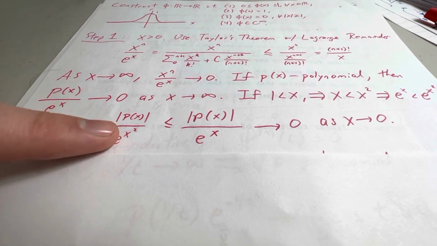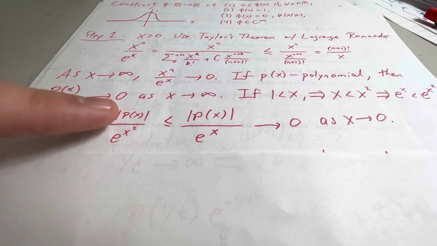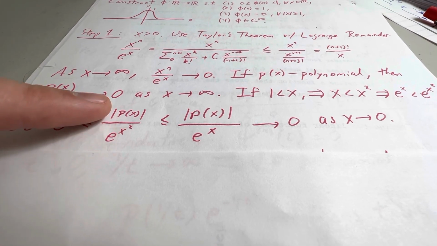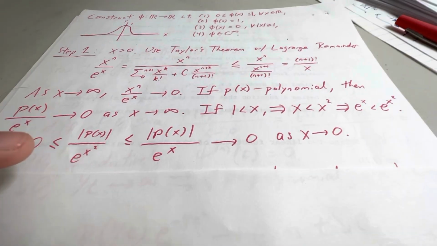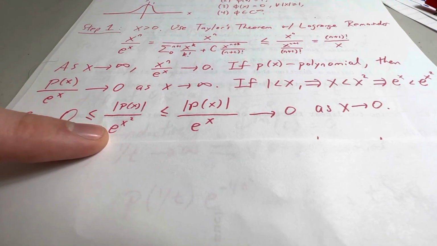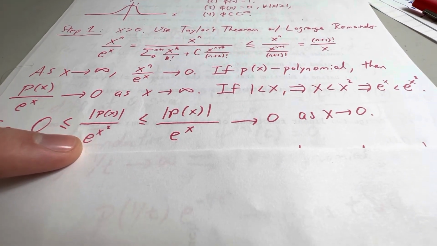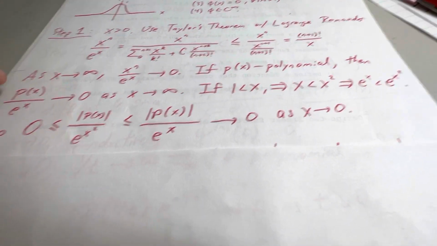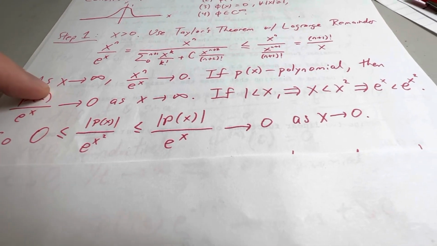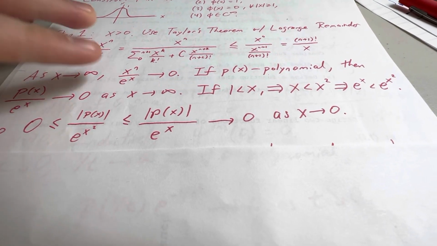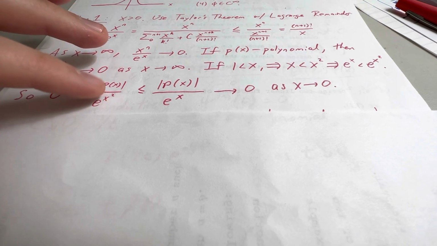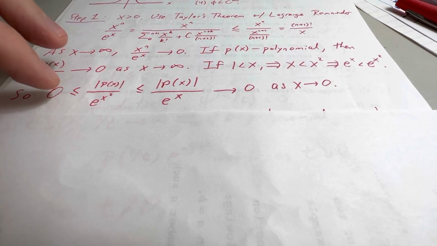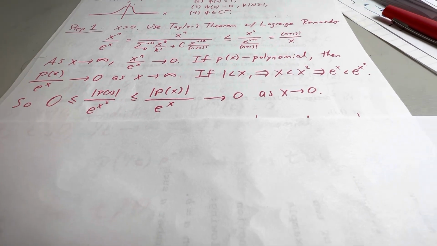That's just true because this is non-negative and that's non-negative. But we can replace the denominator with something smaller, like e to the x. That's that part up here. And this guy tends to 0, because we just showed that. We just showed that from right over here. Okay, so we know that this fraction is getting sandwiched between 0 and 0 when x gets large.